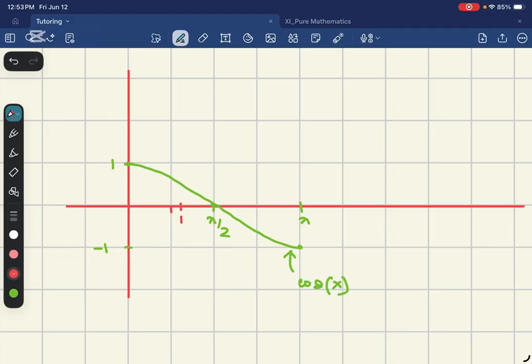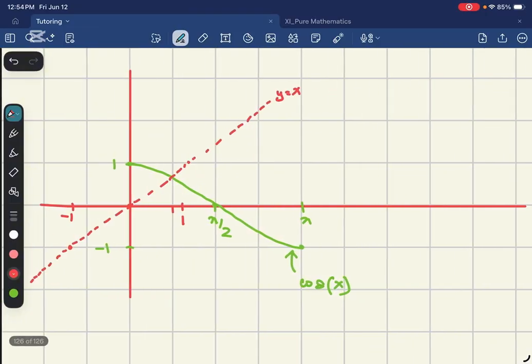Let's just say 1 is going to be somewhere here. And -1 is going to be somewhere here, right? So your graph, y is equal to x, is going to look something like this. I know it's a horrible scaling, but I think the drawing will come out fine.